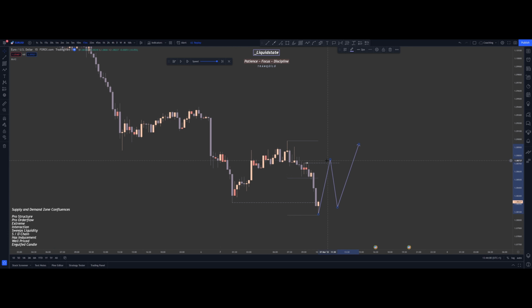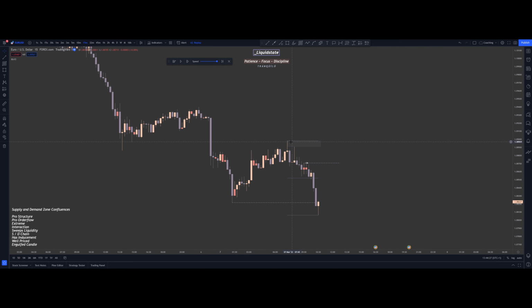Now, extreme POIs are basically just the extreme point of price within a price leg. Here we can see it would be this candle right at the top. It does get partially mitigated, pretty much to the 50%. So the only supply within this candle left is this wick up here.